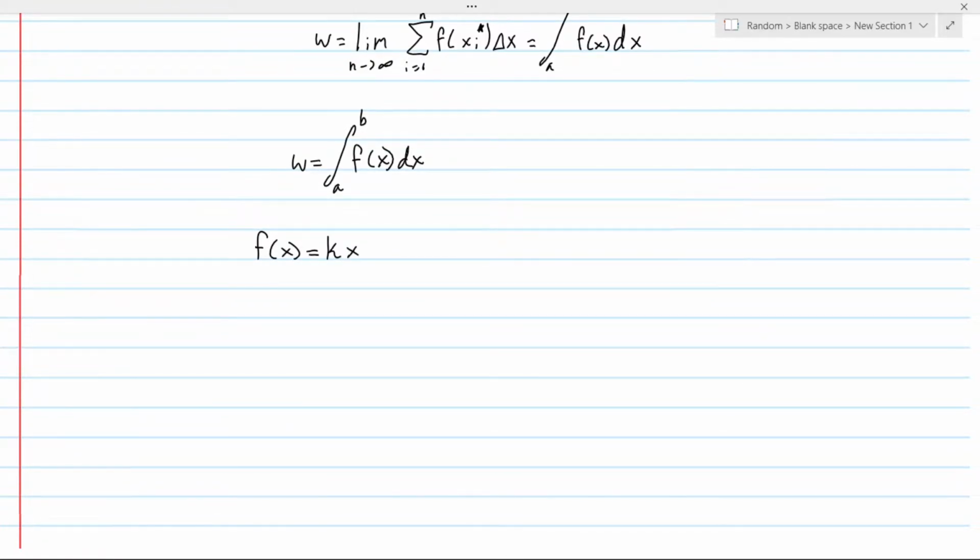What is the work done on a spring stretching it from 0 to 0.1 meters with a spring constant of 40 newtons per meter?